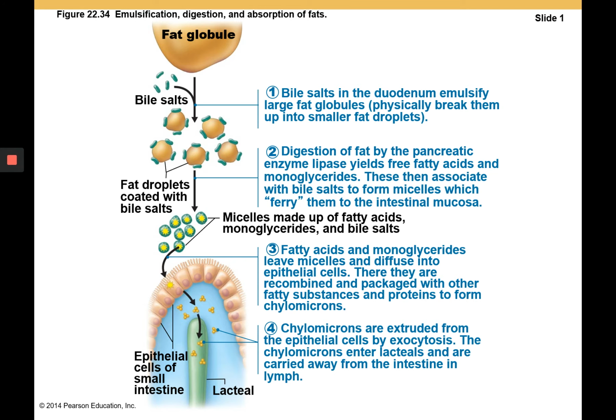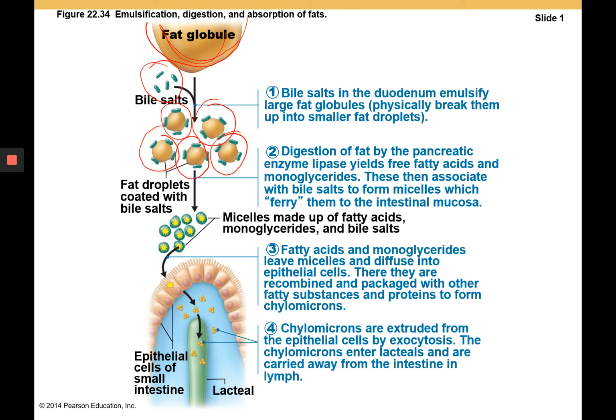So here we have a big fat globule, and we're going to use bile salts from bile that came from the gallbladder to break down our big fat globule into smaller fat globules. It's a lot easier to act with enzymes on these smaller fat globules than it is to act on the big fat globule. By breaking down the fat globule, we've increased the surface area that the enzyme pancreatic lipase has to act.